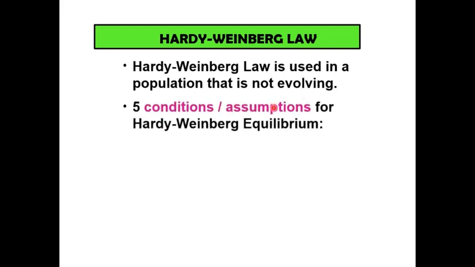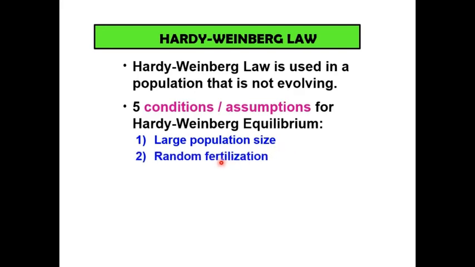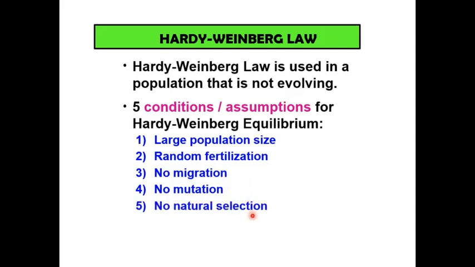Five conditions or assumptions for Hardy-Weinberg equilibrium: the population should be large in size, random fertilization occurs, no migration occurs, no mutations, and last, no natural selection.